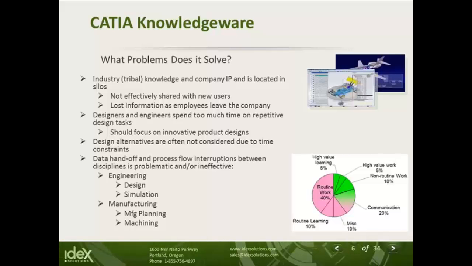These disciplines might be your engineering, design, simulation, etc., or it could be within manufacturing, such as manufacturing planning, machining, tooling, anything like that. As the diagram in the lower right-hand corner indicates, and I'm sure most of you would agree, the majority of work performed by a designer or an engineer is routine and mundane, which is where CATIA Knowledgeware provides so much value.